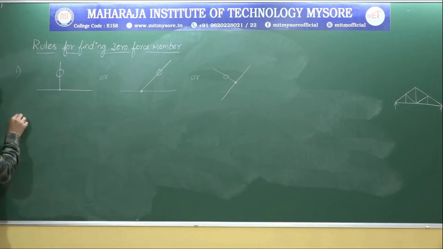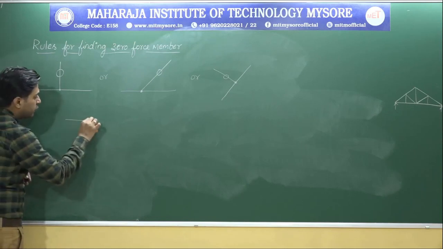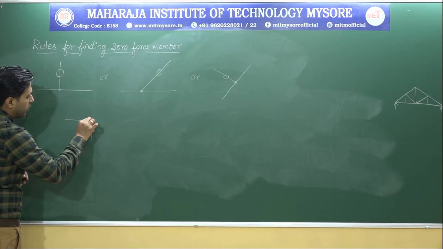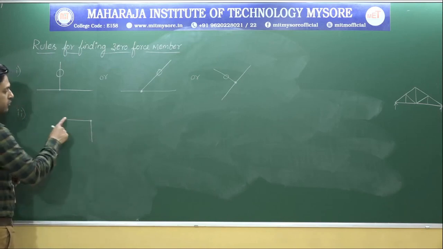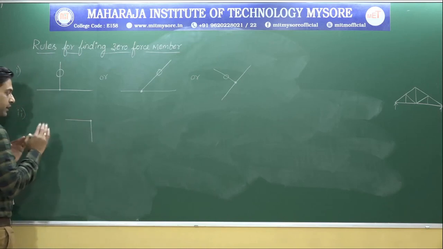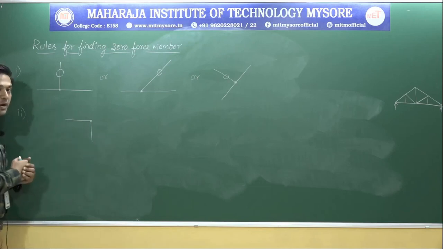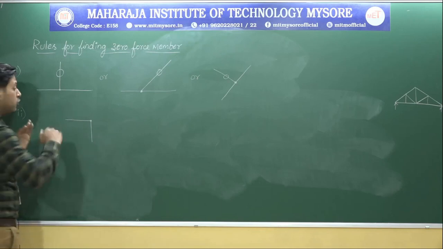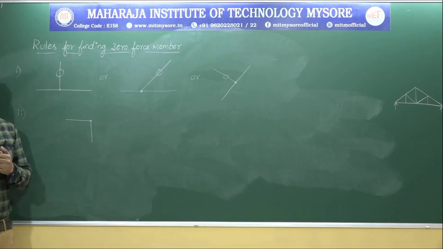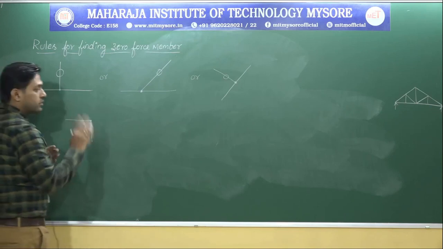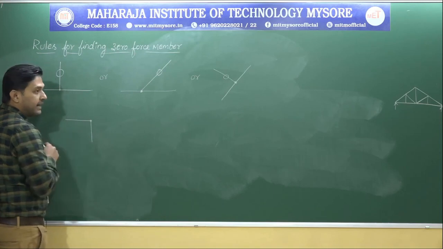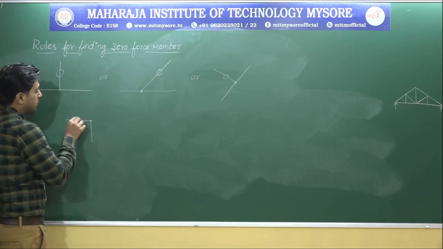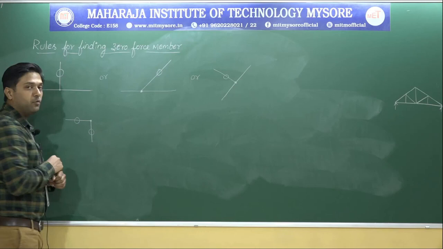The second point: whenever there are only 2 members acting at a joint, and no external loads are applied on that particular joint, then both the members are zero force members.